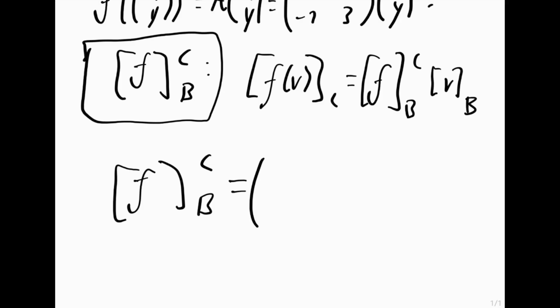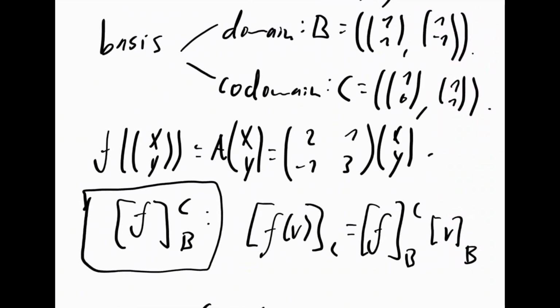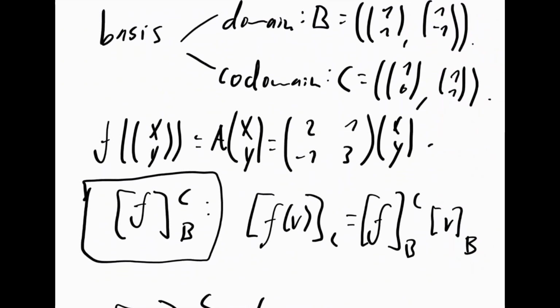It has column vectors that are simply f of the first vector of the basis B. In general, it's each vector of basis B under the map F, expressed with respect to C. But here we only have two vectors in basis B, so there are only two columns in the matrix we're looking for.